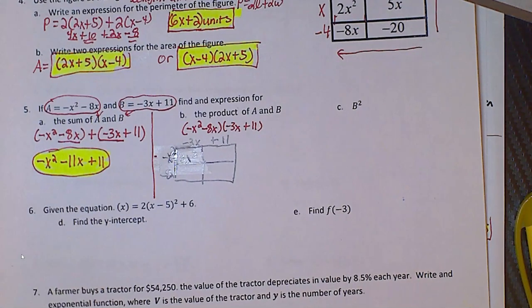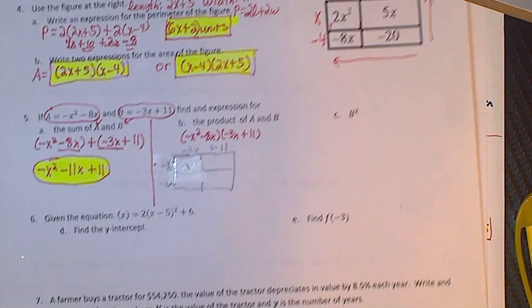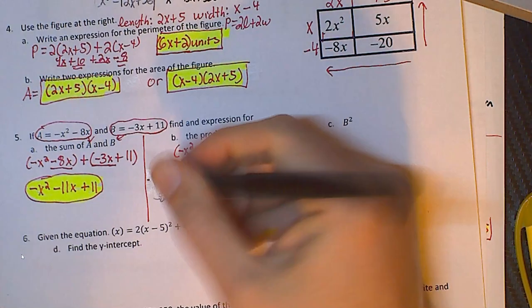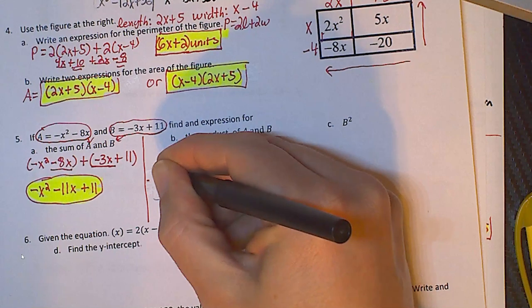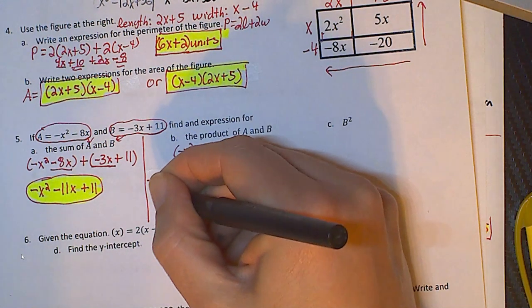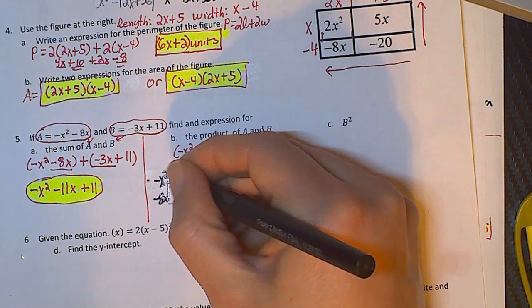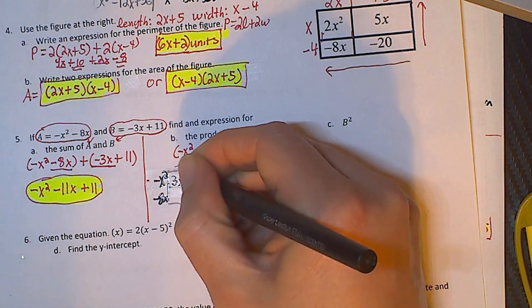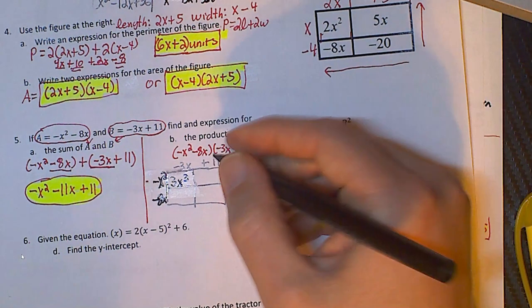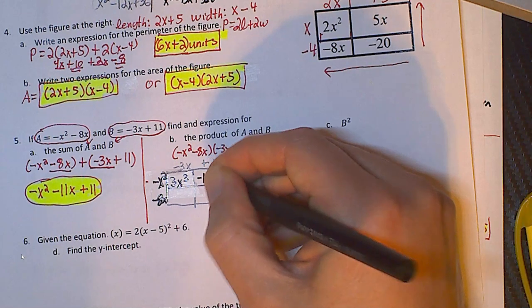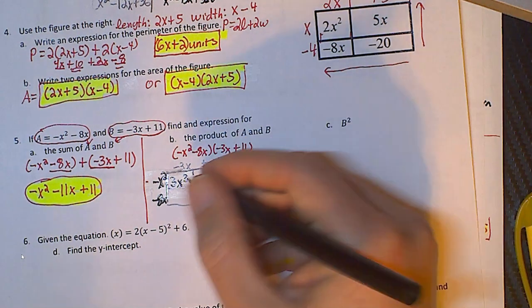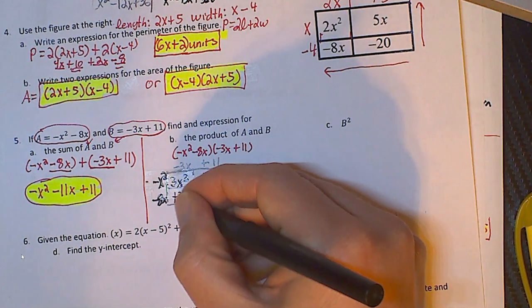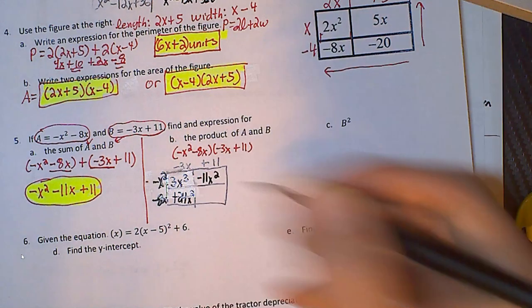And you can't see that. So you had to eat 24x squared.